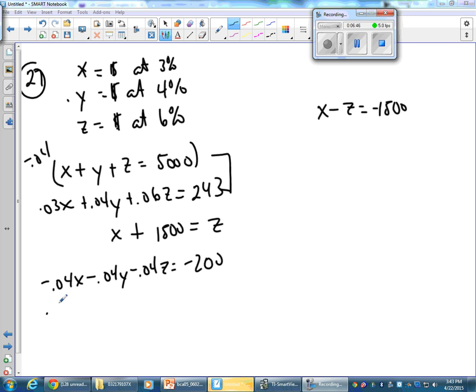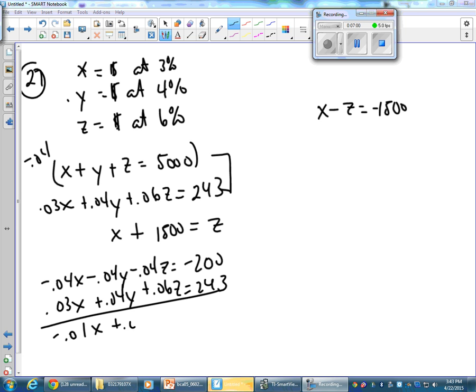And I'd leave this second line the same, equals 243. Add these two lines together, I get negative 0.01x, the y's cancel, plus 0.02z equals 43.